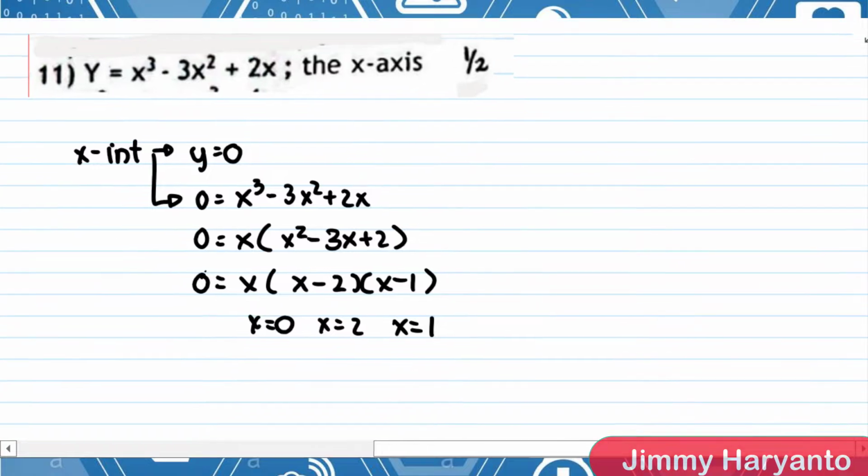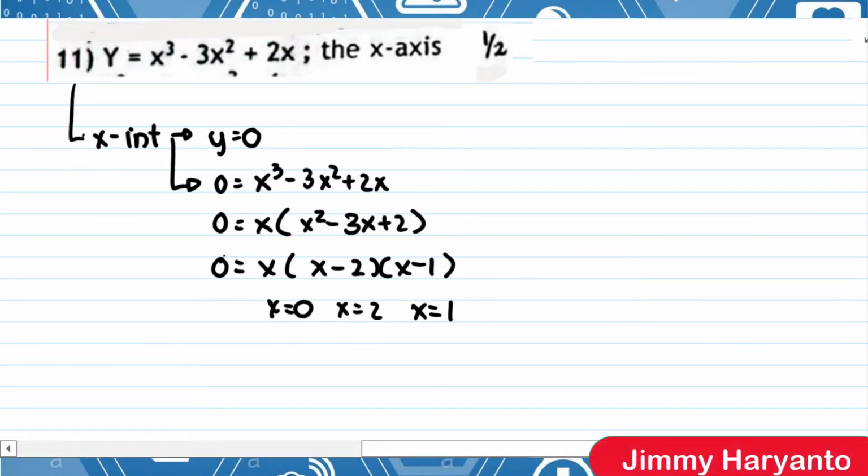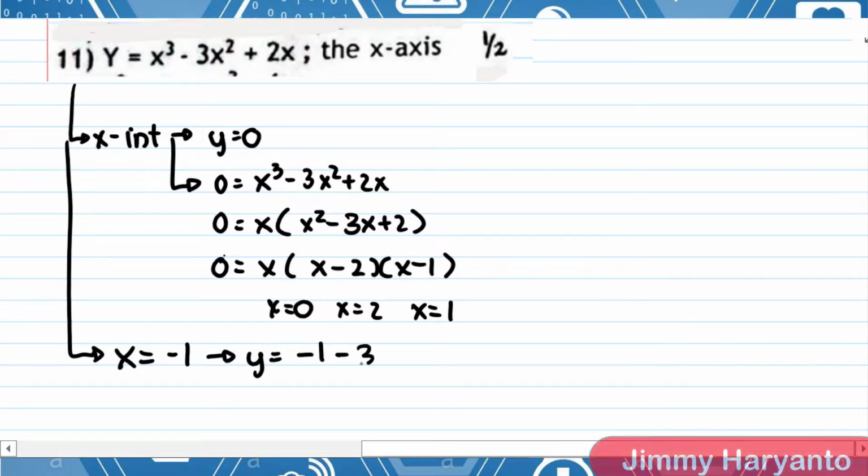Okay. And then I need another point, so I need x equals, let's say, negative 1. That means y equals negative 1 minus 3 times 1 plus 2 times negative 1. You will have negative 4, negative 6.